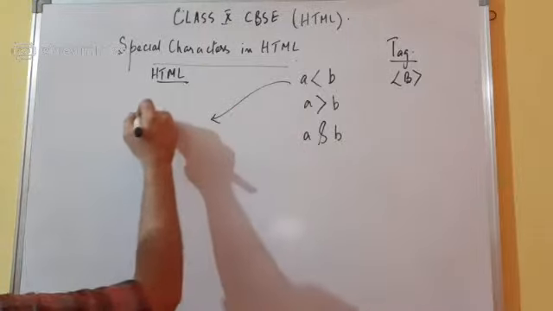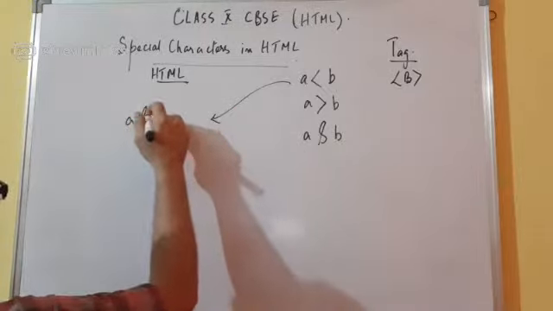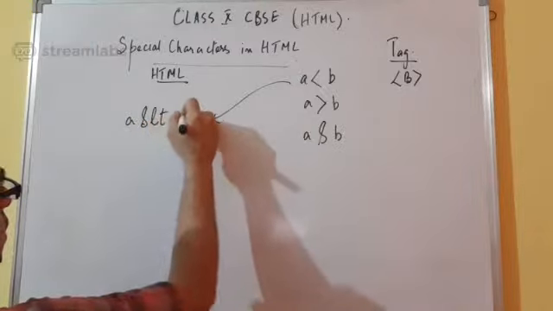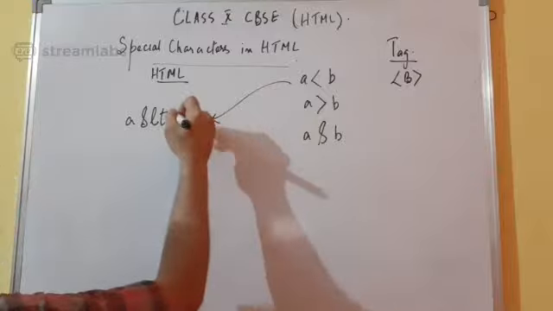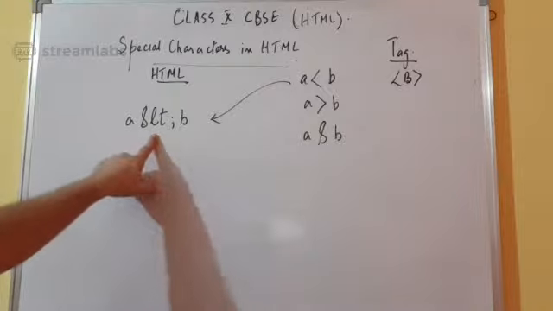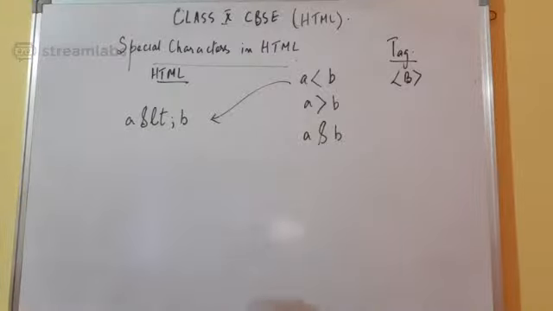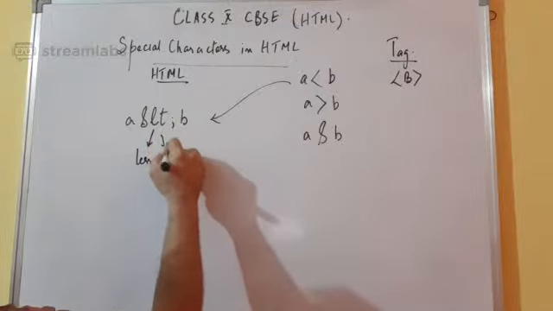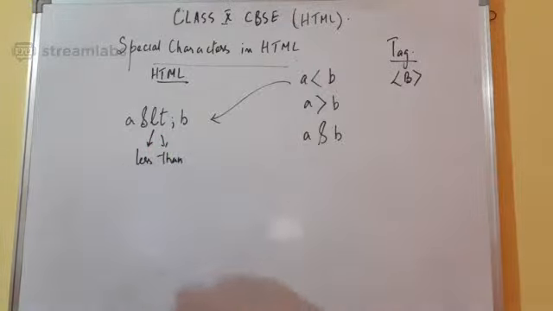We write a, then ampersand, L, T, then a semicolon, and then b. Ampersand LT means less than: L represents less and T represents than. Whenever a comparison operator is to be represented using HTML tags, you need to write it this way.